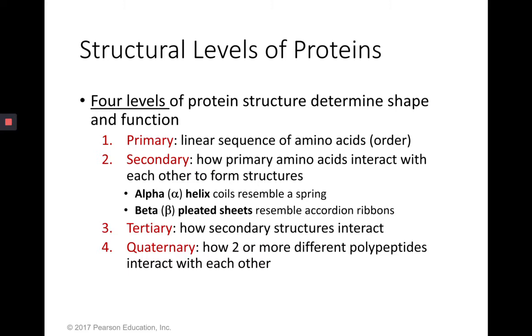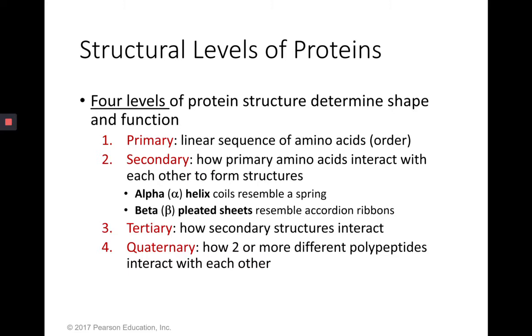And then quaternary structure. Now, not all proteins make it to quaternary structure, but really large proteins do. Proteins like hemoglobin, for example. Quaternary structure is when you have 2 or 3 or more tertiary proteins that combine together.